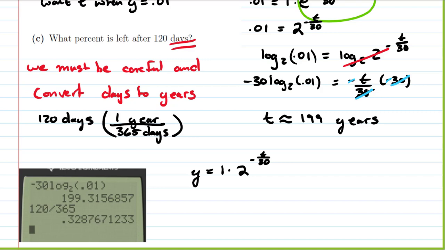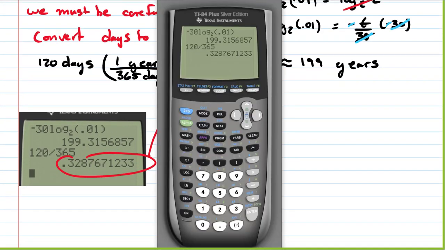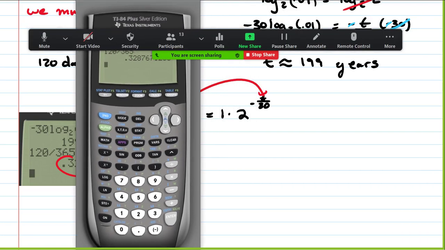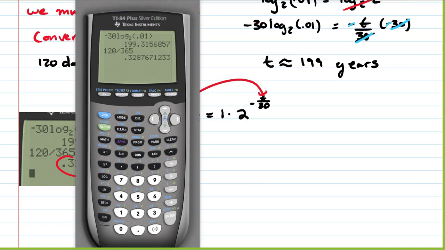So now we just need to put this value in for t. So we do that on our calculator. So 2 raised to the negative.